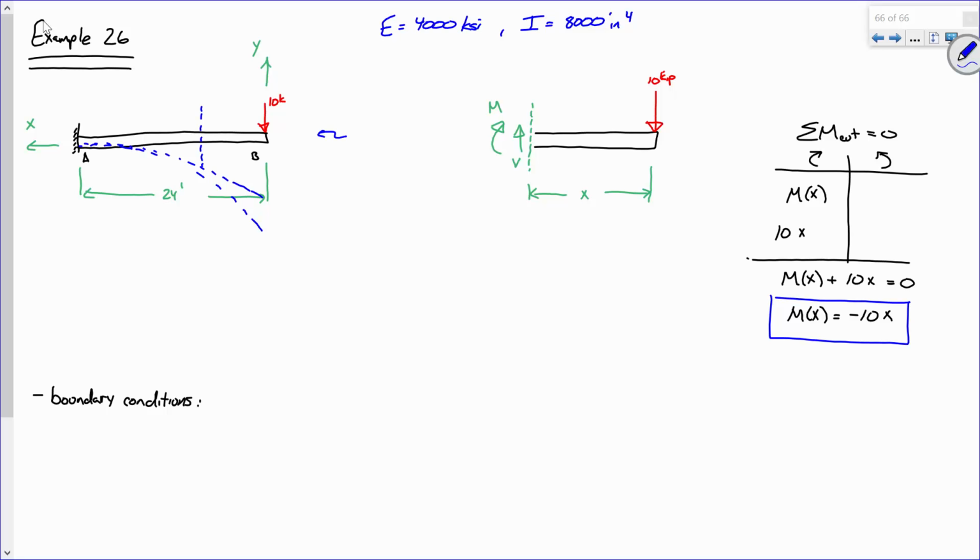So here are our boundary conditions. At x equals 24, the slope is 0. And at x equals 24, the deflection is 0. Does that make sense? Yeah, because this is x equals 0 and x goes that way.